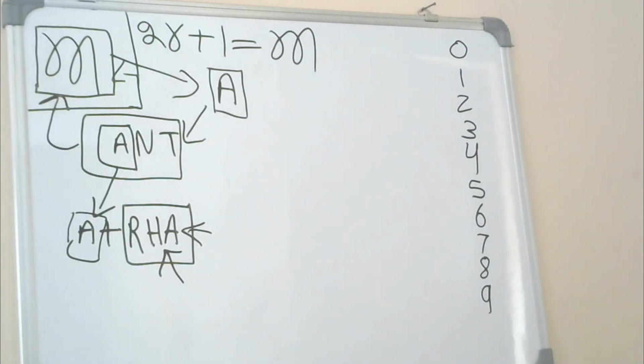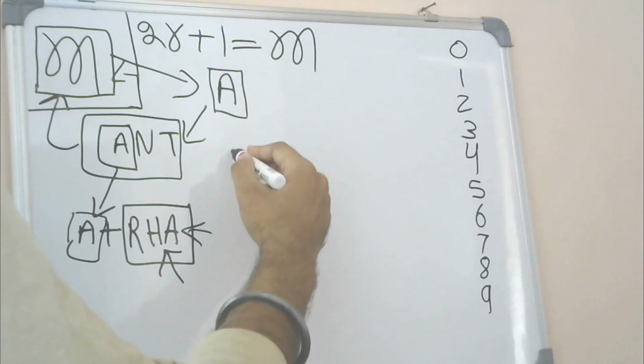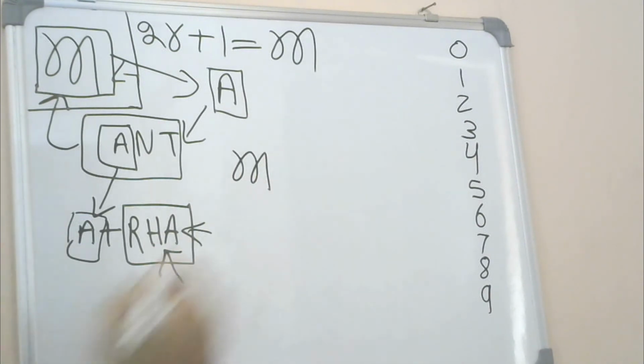But as I said, when symbols are attached to a specific letter, it will change the sound of the letter. So I will write this here just to tell you briefly.